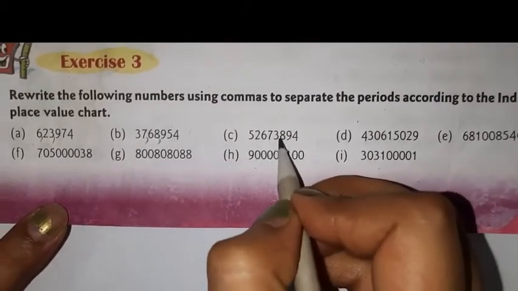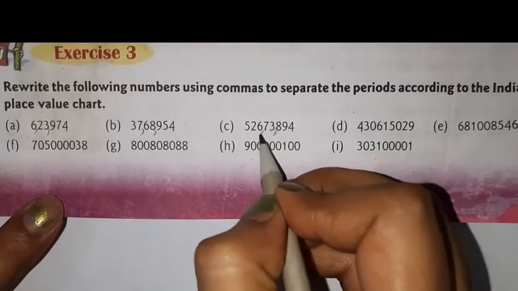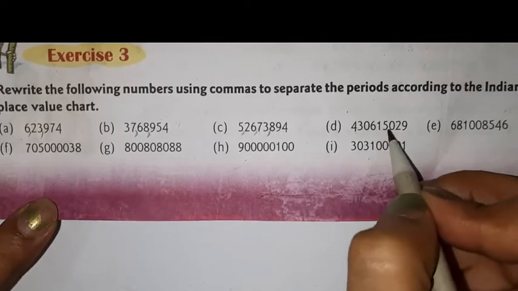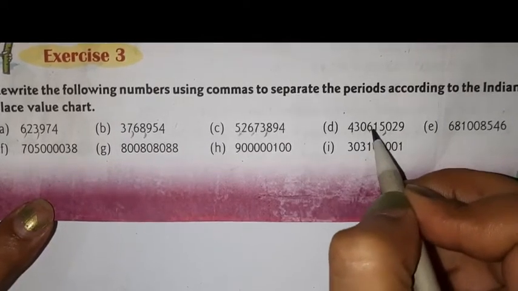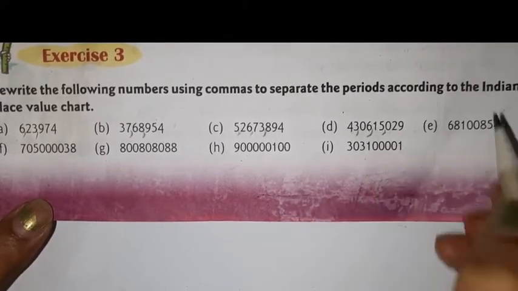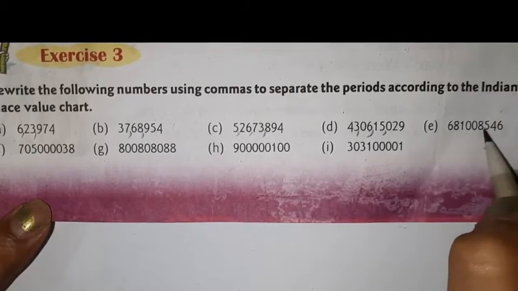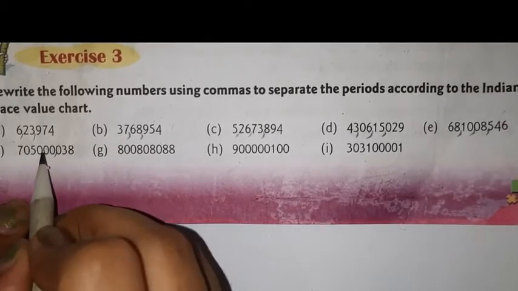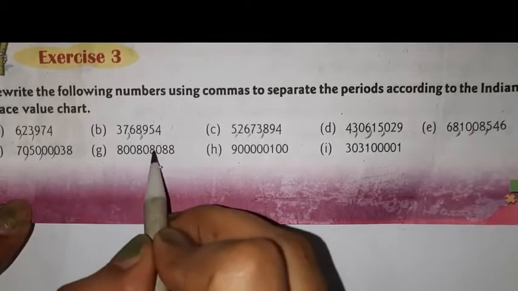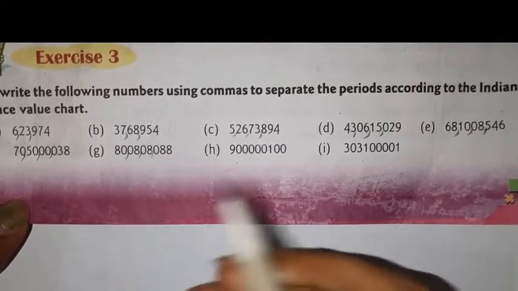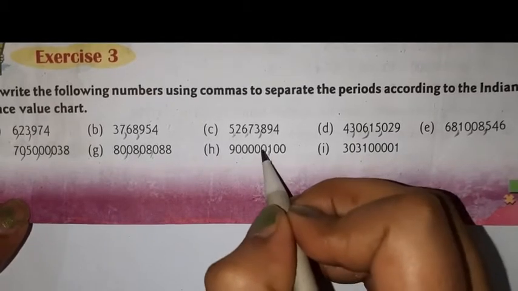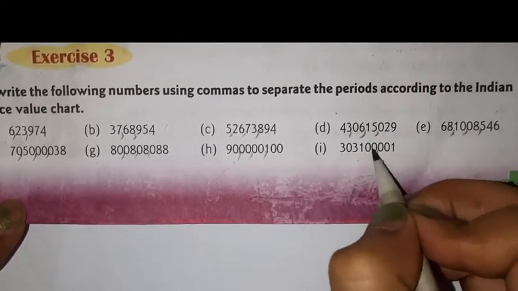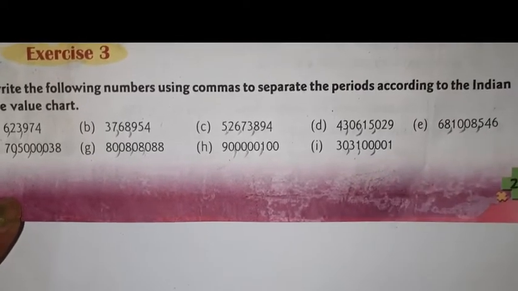Then again 1, 2, 3, comma, 1, 2, comma, 1, 2, comma. Again after 3, after 2 and after 2.